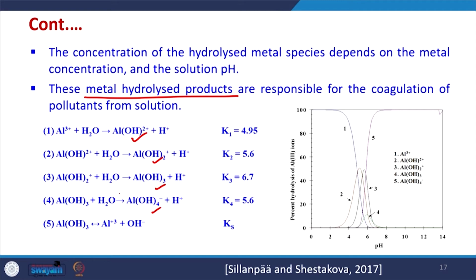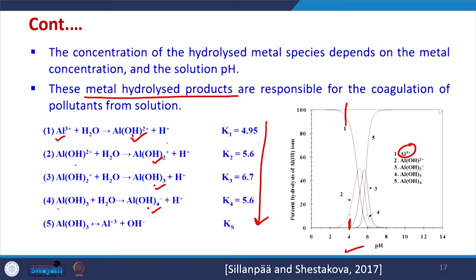How they are formed is seen here. If Al3 plus is there, it will combine with water to form AlOH 2 plus. This may combine with water to form the monomeric AlOH2 plus, then AlOH3, then AlOH4 minus. We can calculate the K1 values or pK values, and from these we can draw this graph. We can see that up to pH 4, the majority of the aluminum released will remain as Al3 plus.